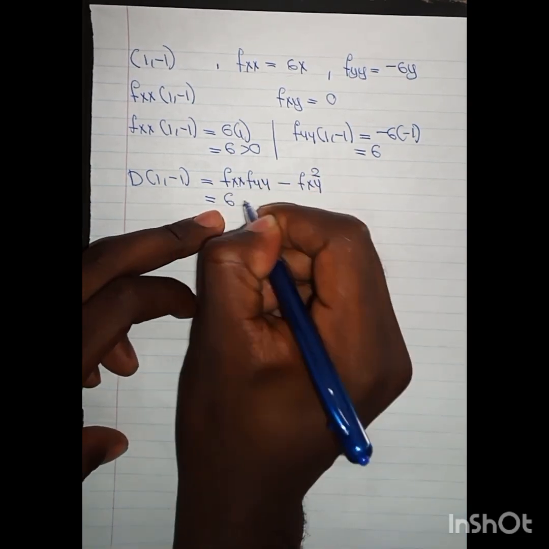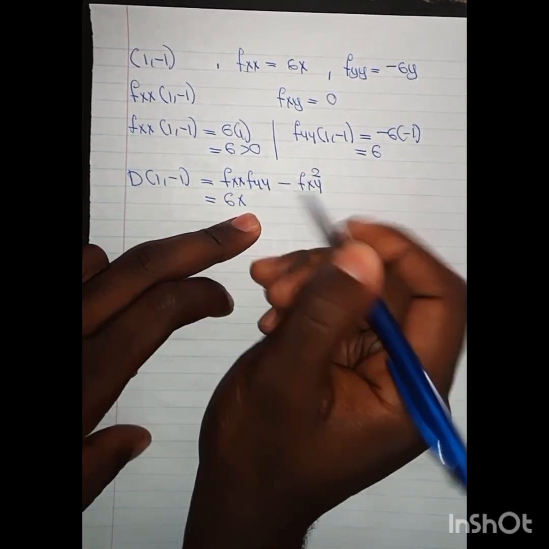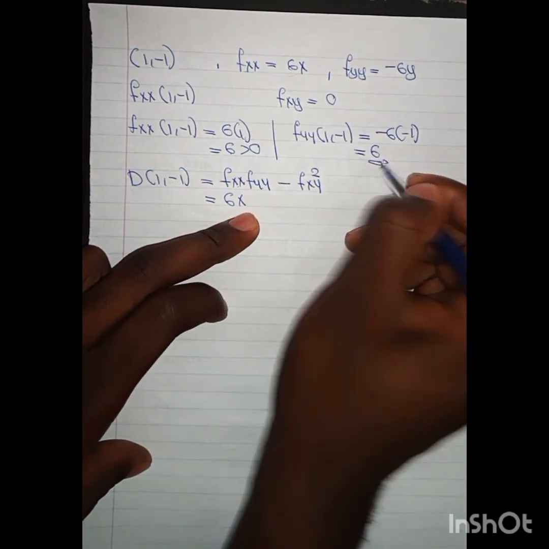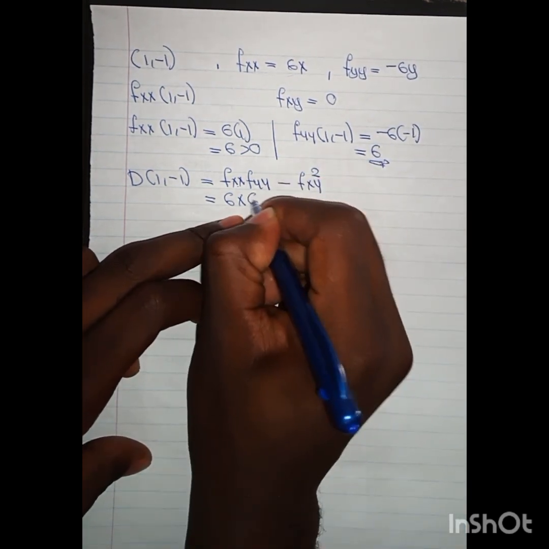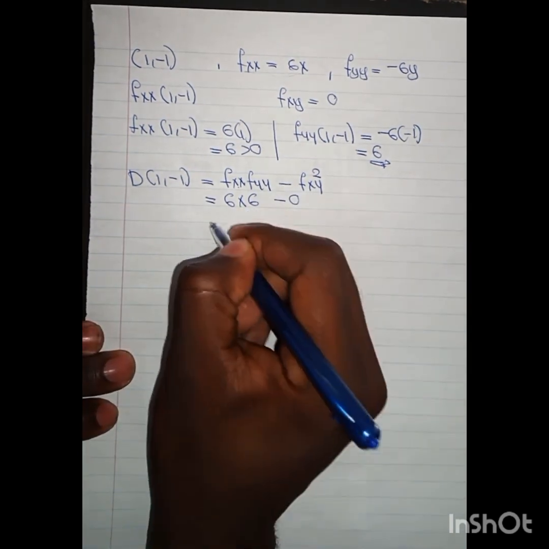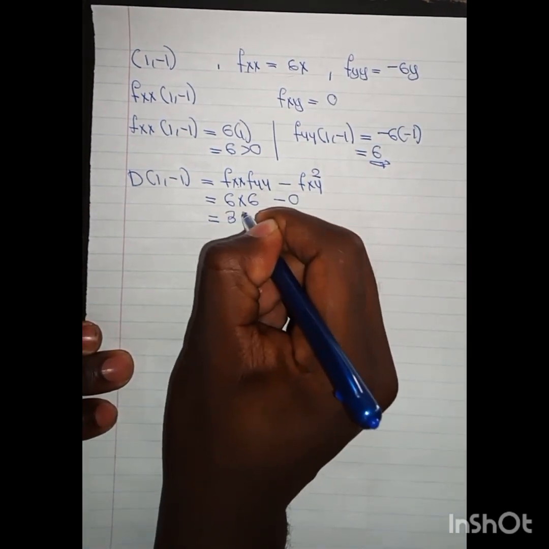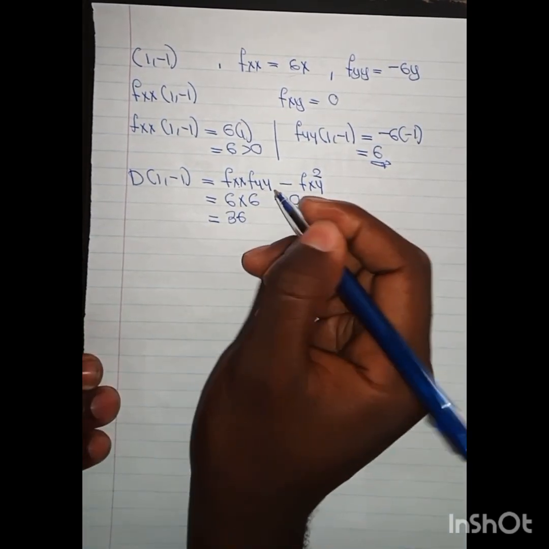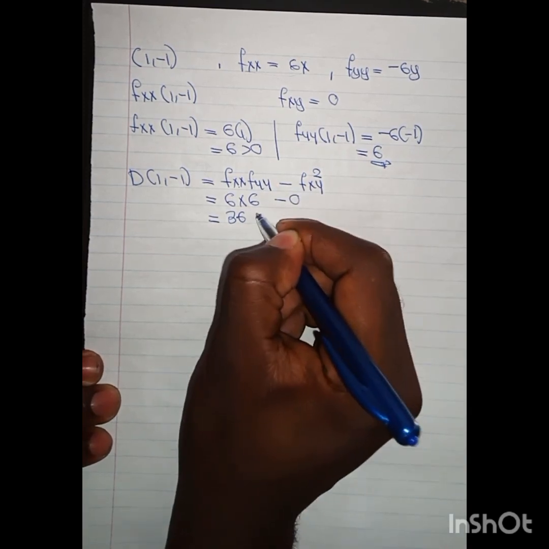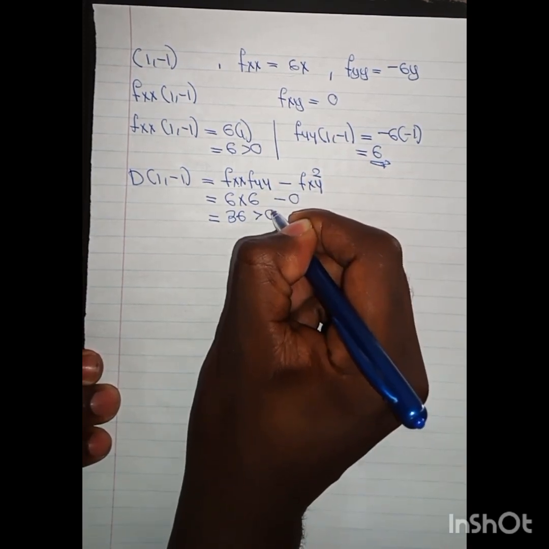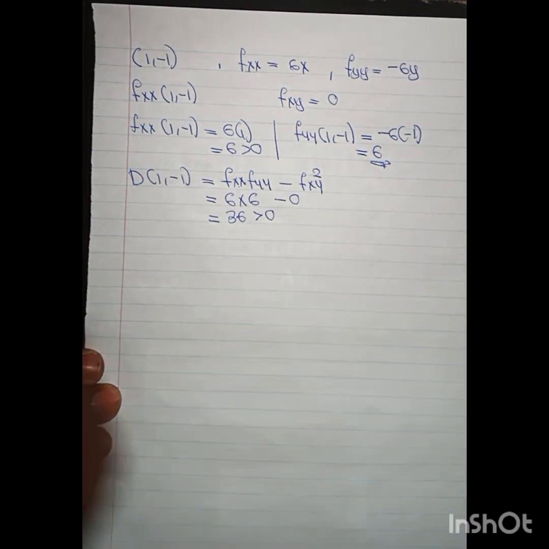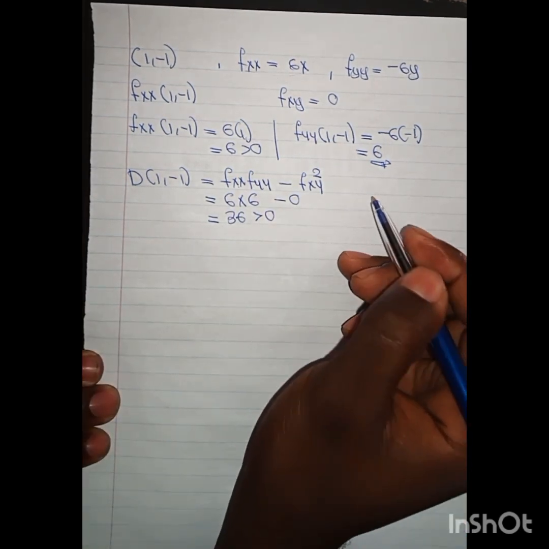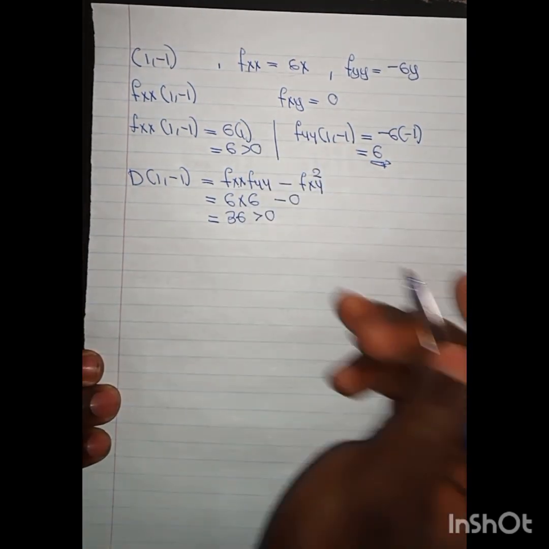We multiply it by f of yy, which is also positive 6, minus 0. So 6 times 6 is positive 36. When we check here, positive 36 is greater than 0, and the second derivative of f with respect to x is also greater than 0.